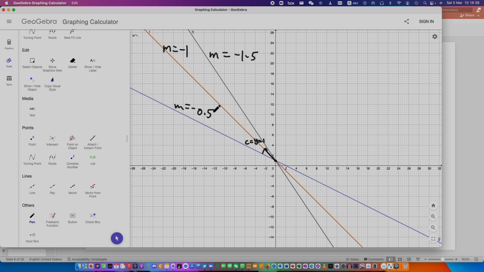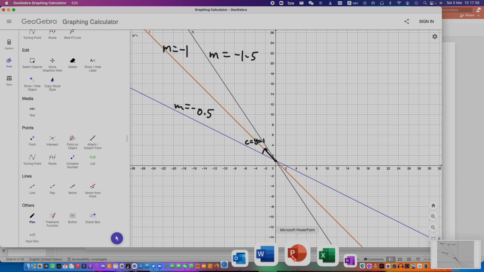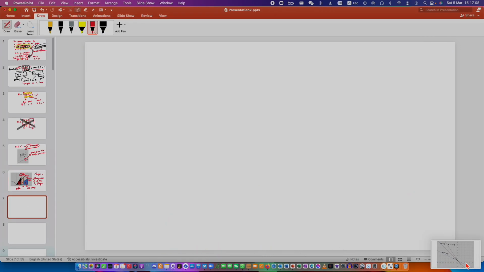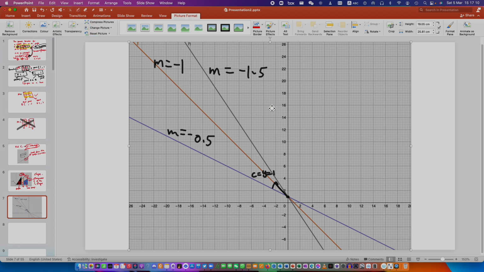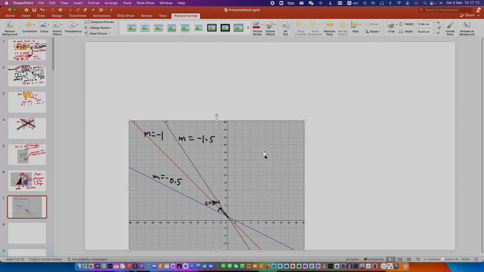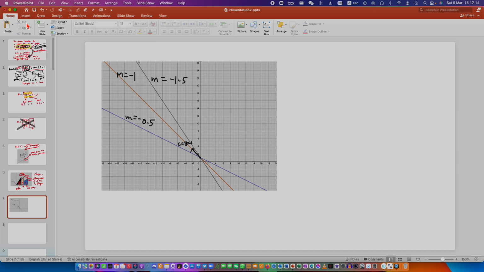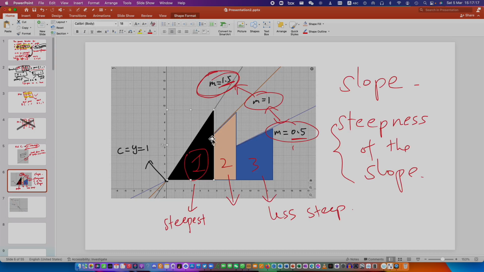So far so good? So once again, let's talk about the impact. We are talking about negative slope here. Let's try to draw this out.